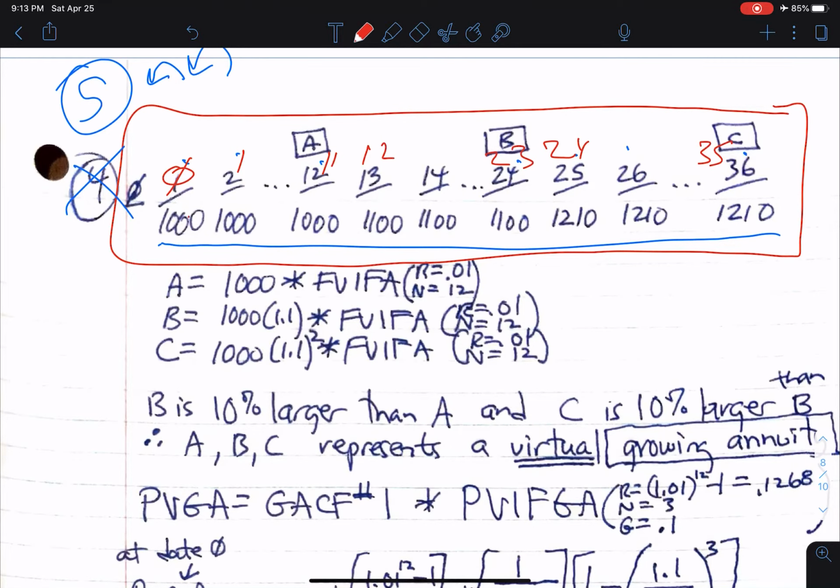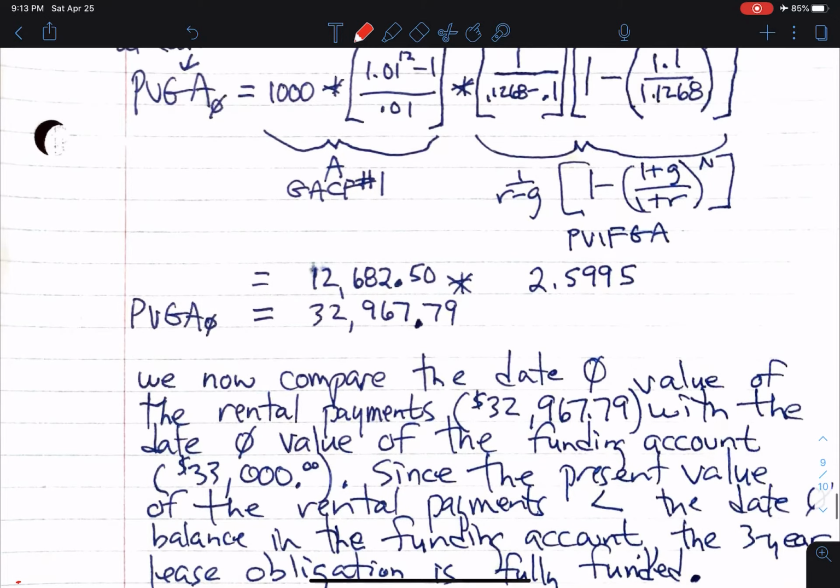In the last problem, the date 0 value was 32,967.79. That was the date 0 value of cash flows beginning at date 1 and ending at date 36. But now our cash flows, the same cash flows in the same order, start at date 0 and end at date 35. Because they're coming earlier, you can understand that the new present value will have to be bigger than this 32,000.